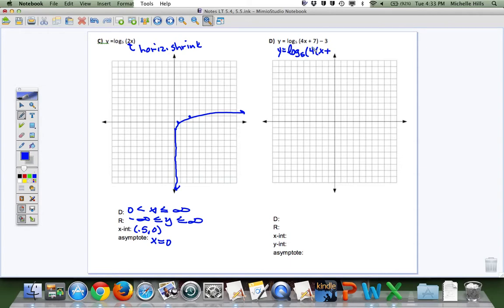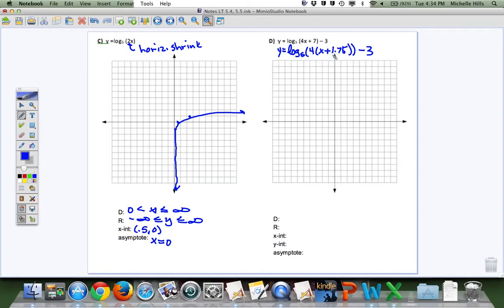If I distributed back in, 4 times x would give me the 4x. 4 times whatever's here would give me the 7. Well, if distributing is multiplication, then when I'm factoring out, I'm actually dividing each of these terms by 4. So 7/4 is 1 3/4, which in this case I could write as a decimal, and then this minus 3. So I know that I have a horizontal, in this case, shrink, factor of 4.